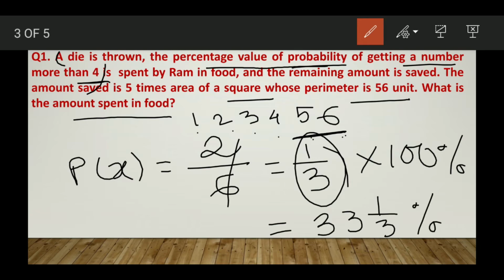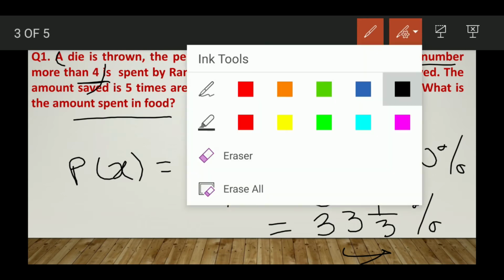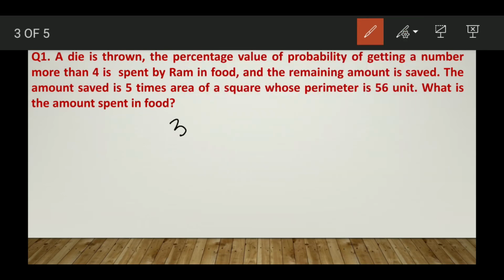So this much amount is spent in food by Ram. So we can write this 33 and 1 by 3 percent amount as spent in food.